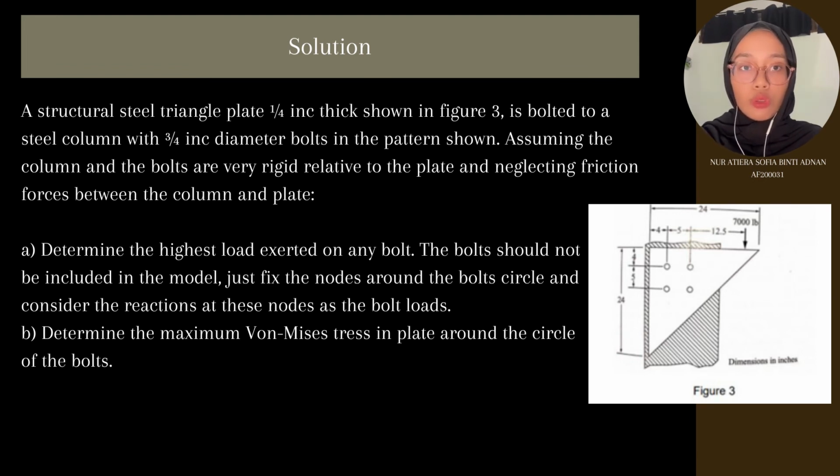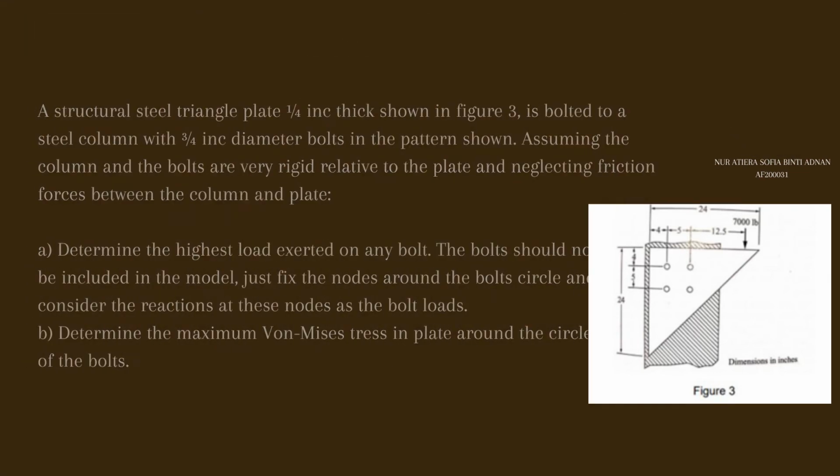The bolt should not be included in the model. Just fix the nodes around the bolt circles and consider the reaction at the nodes as the bolt loads. And the second question is, determine the maximum von Mises stress in the plate around the circle of the bolts.